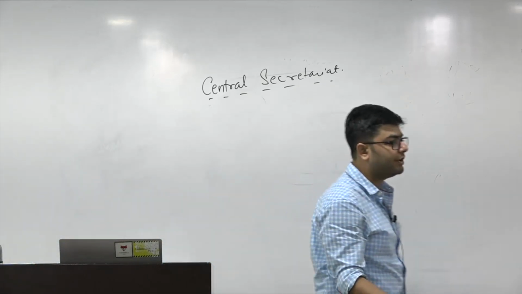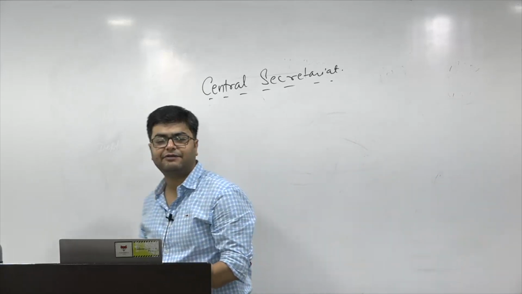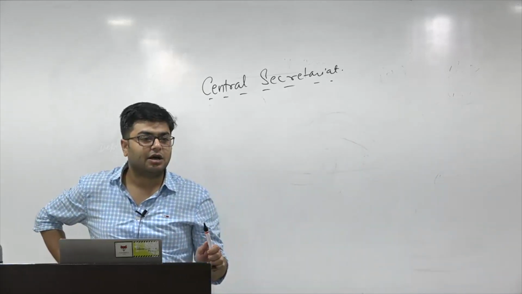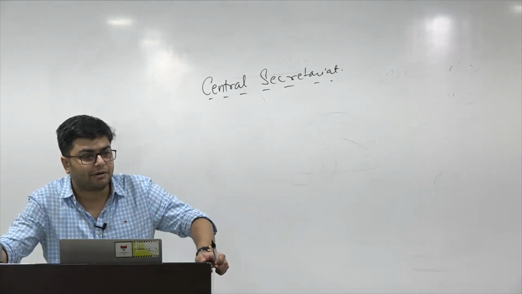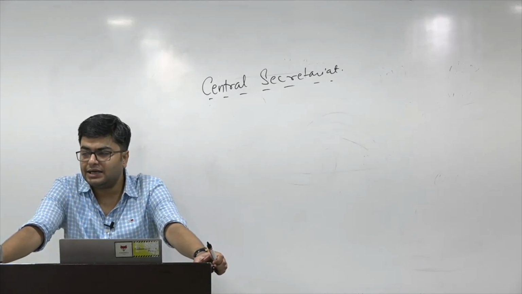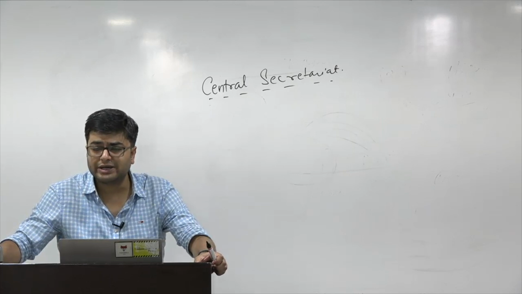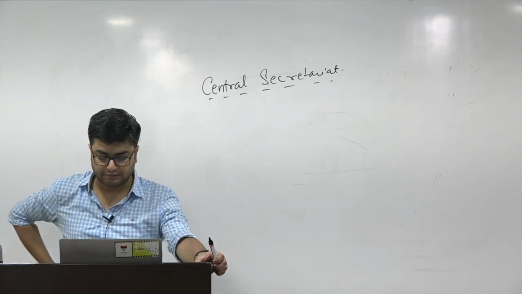Secretariat literally would mean office of the secretary. So the word has been derived from the British lingo, because obviously the minister sits at the top. Okay. And it is the secretary who is the principal advisor to the minister concerned.